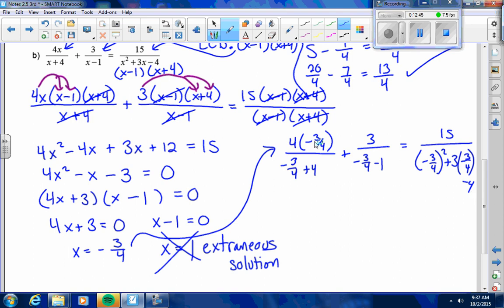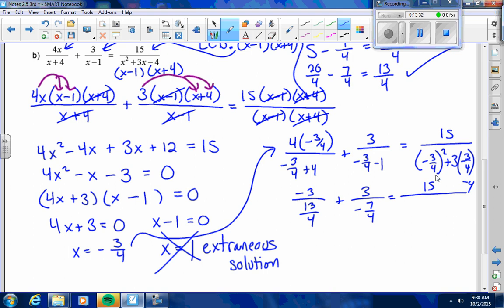All right, 4 times negative 3/4, that gives us negative 3 divided by negative 3/4 plus 4. So the 4 is going to change to 16/4. 16/4 minus 3/4 is 13/4, plus 3 over negative 3/4 minus 1. So the 1 changes to 4 over 4. So negative 3/4 minus 4 over 4 is negative 7 over 4.